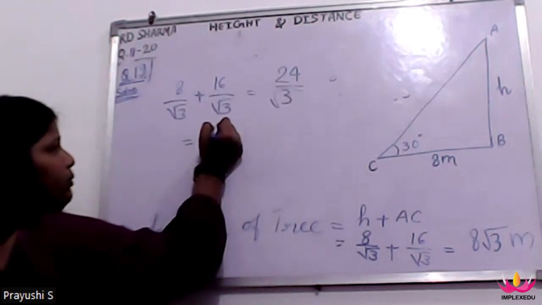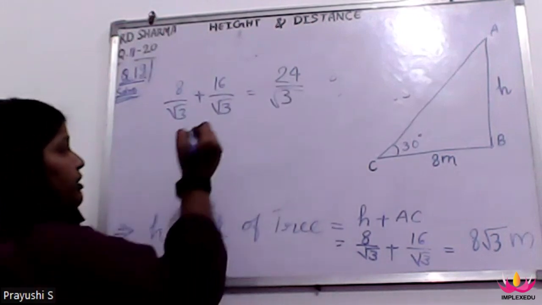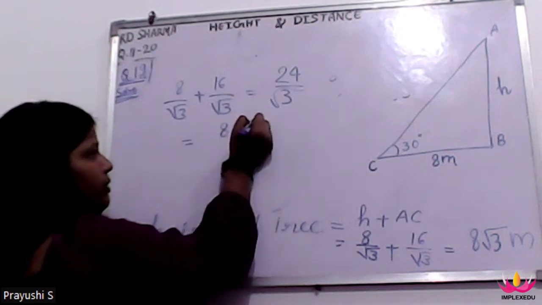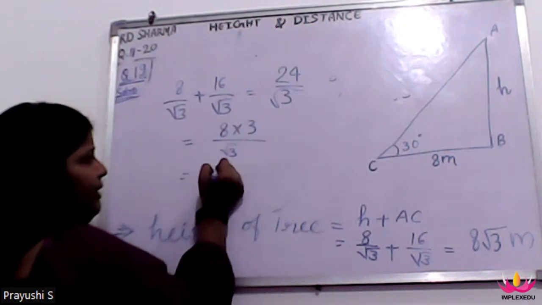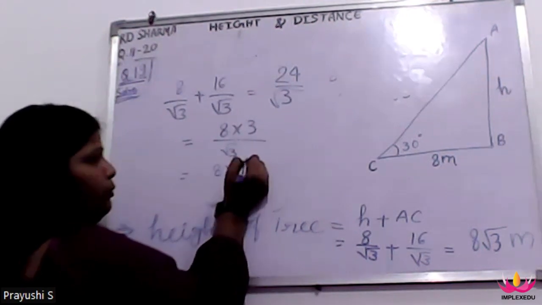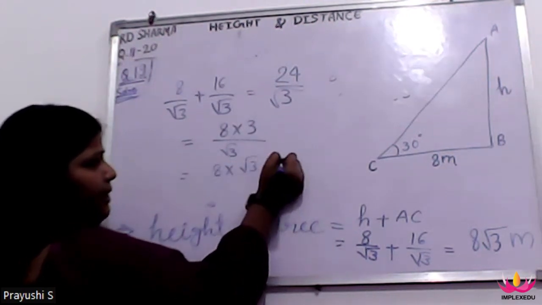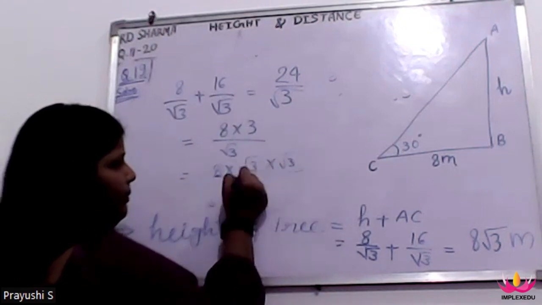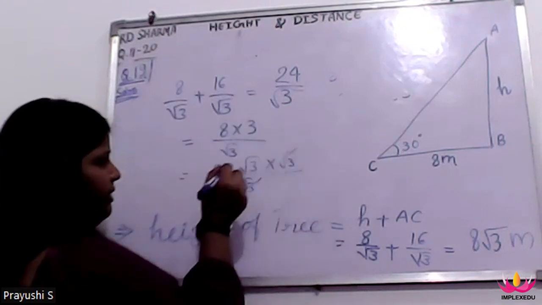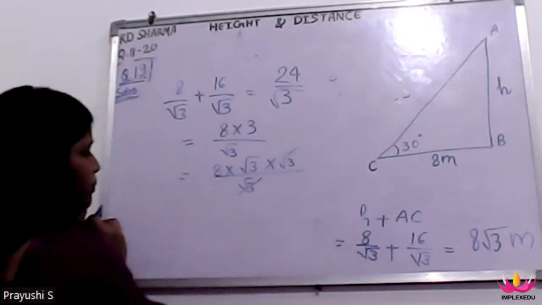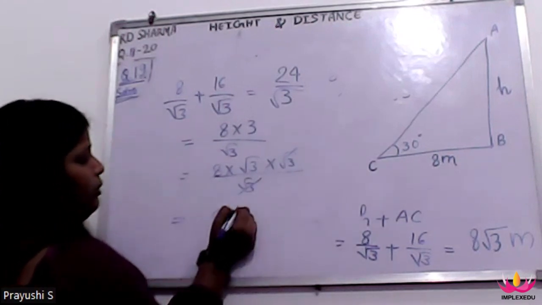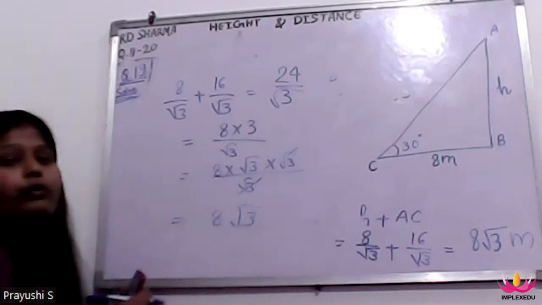And now 24 is equal to 8 into 3, and 3 can be written as root 3 multiplied by root 3, so 8 into root 3 times root 3 upon root 3. So root 3 will be cut out and we are left with 8 root 3. This is how we got it.